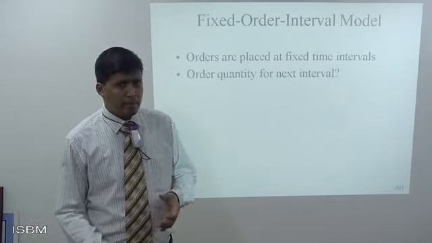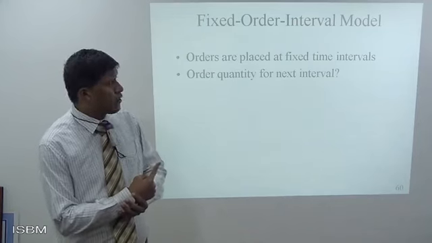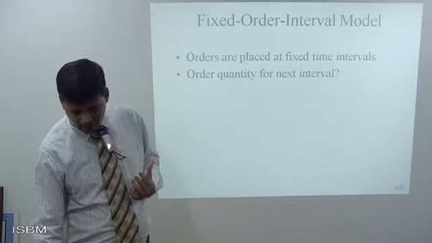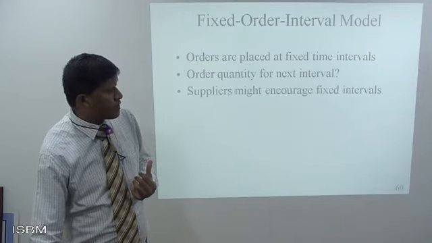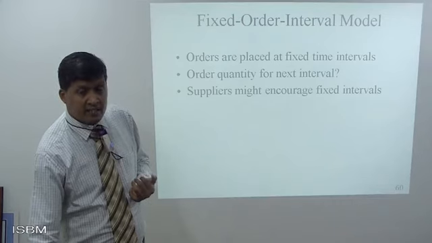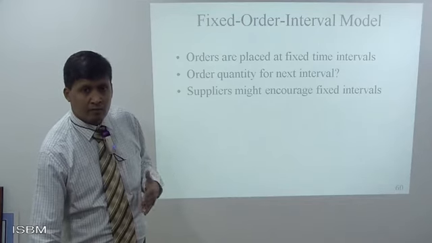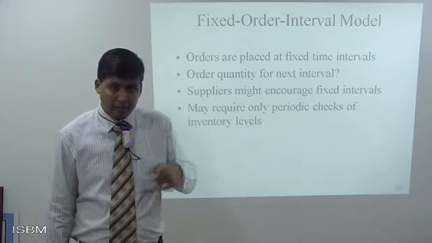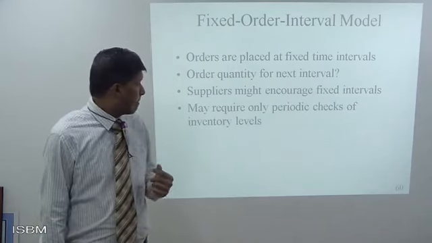Orders could also be placed using the fixed order interval method. That means orders are placed at fixed time intervals, with order quantity for the next interval. Suppliers might encourage fixed intervals because it gives them a streamlined process. The payment structures could be accommodated accordingly.